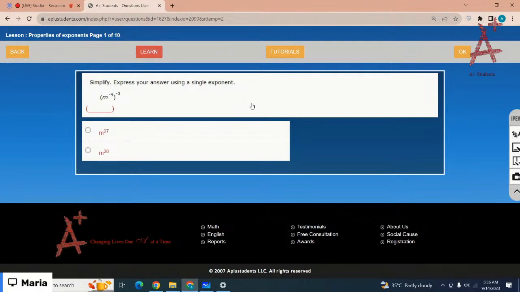So it is m exponent 27. Option number 1 is the correct option, right?